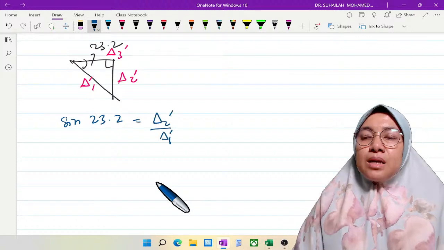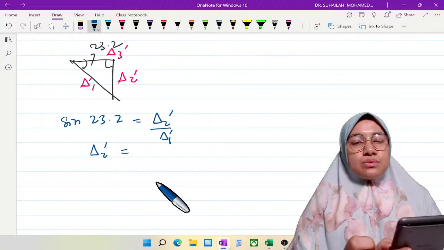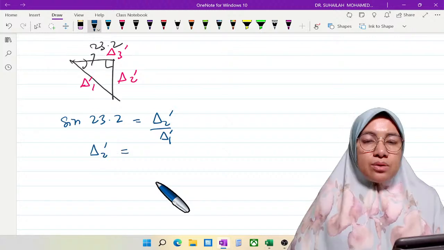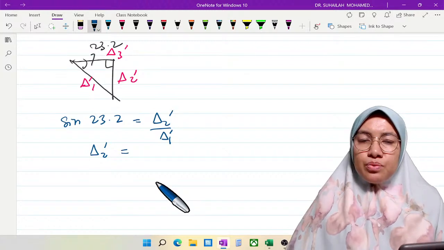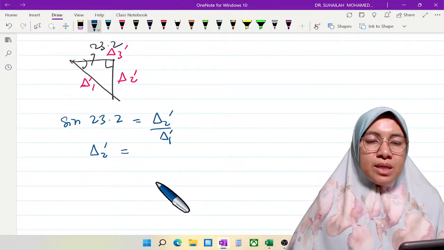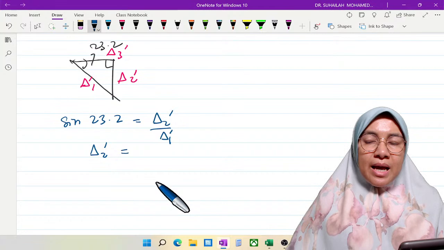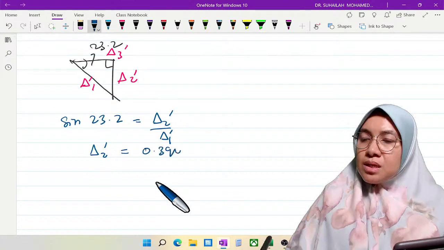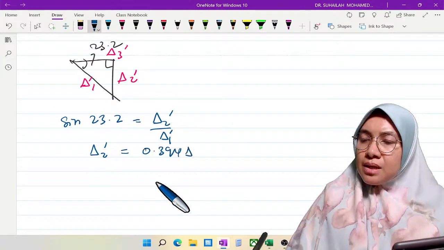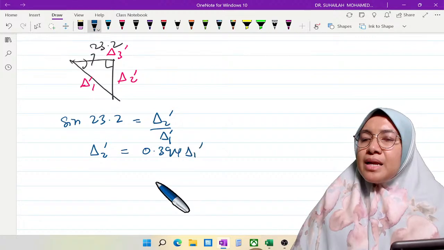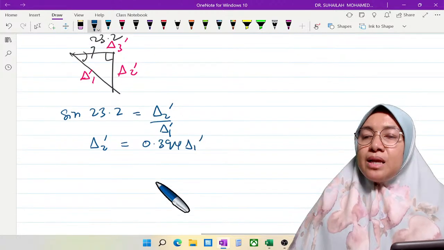So from this we get delta 2 prime equals sin 23.2, which is 0.394 delta 1 prime. And then the other one is cos.